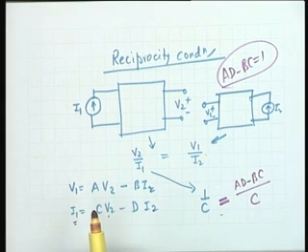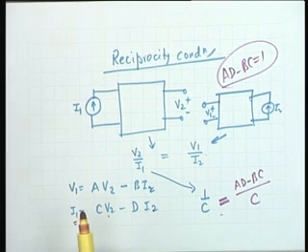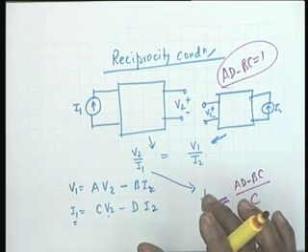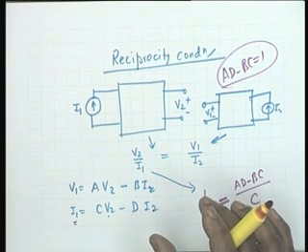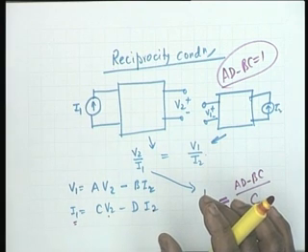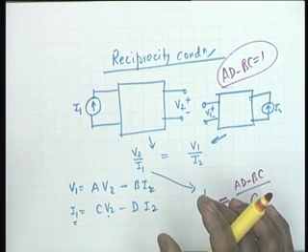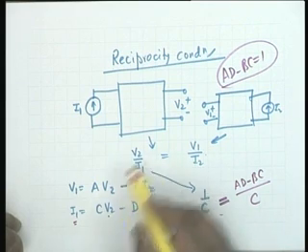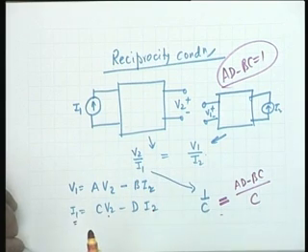How did we prove it? We applied the theorem itself, we went to the roots, but if you look at it carefully, these roots mean nothing but equating Z12 to Z21. What is this parameter? V2 by I1 with I2 equal to 0.